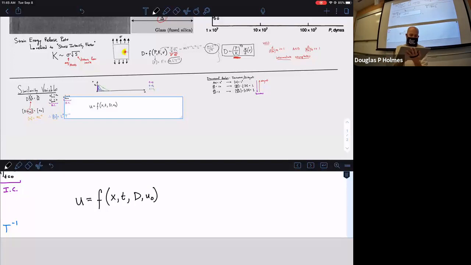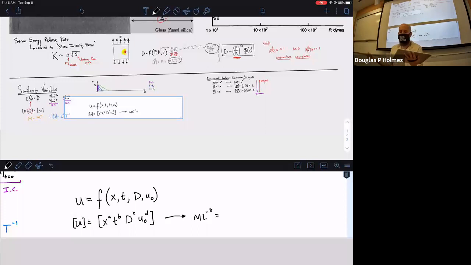We can do the same process we did before. We can say that the units of U must equal the units of x to the A, t to the B, D to the C, and U naught to the little d. We know the units on the left-hand side of my equation: it's going to be mass per volume.